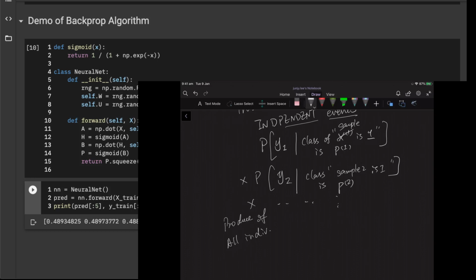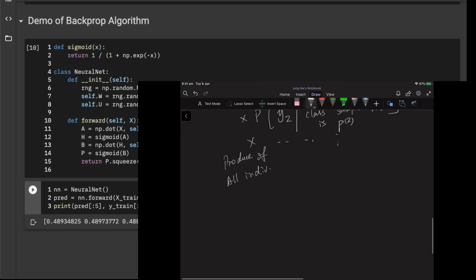Therefore, putting it together, the probability of observing the training annotations as they are given the model prediction would be p1 to the power of y1 times 1 minus p1 to the power of 1 minus y1, times p2 to the power of y2 times 1 minus p2 to the power of 1 minus y2, and so on.